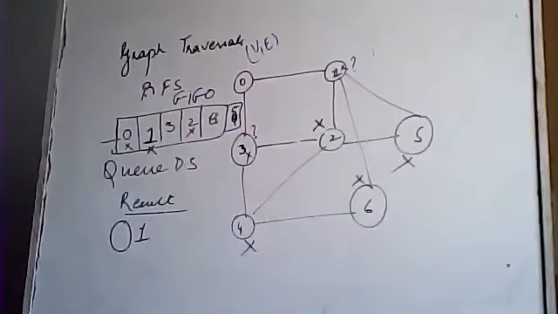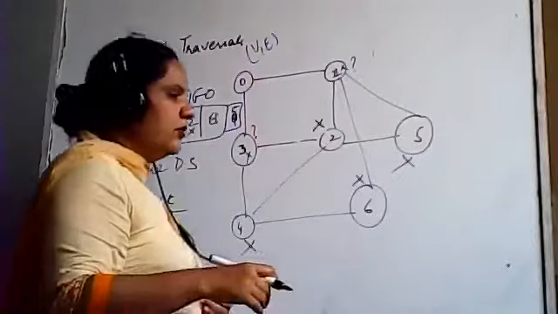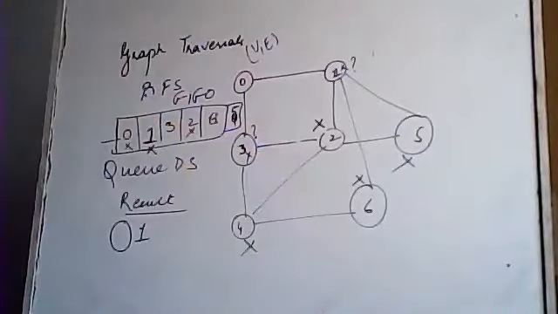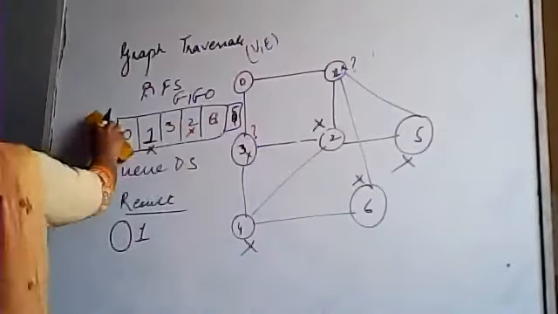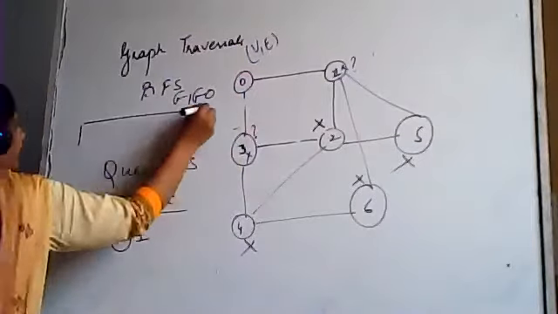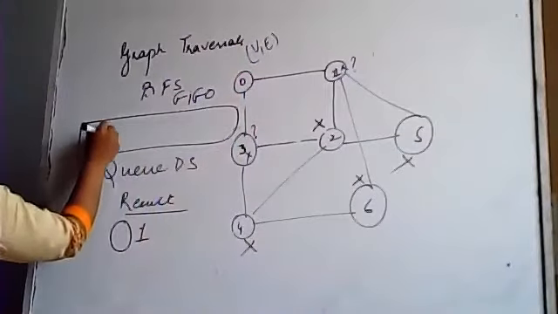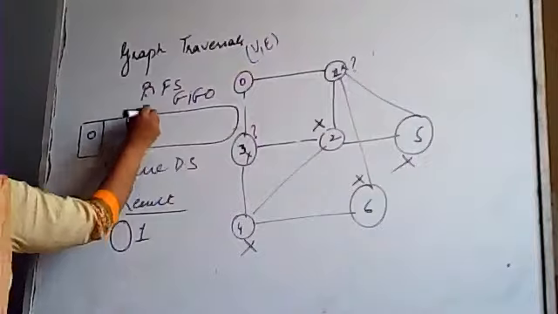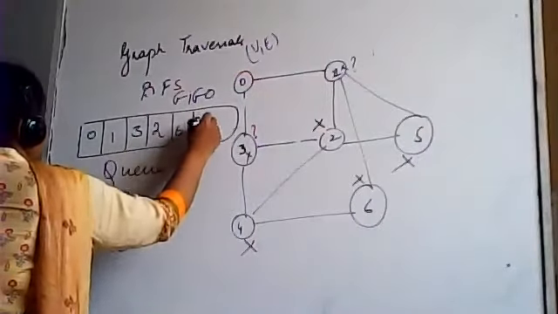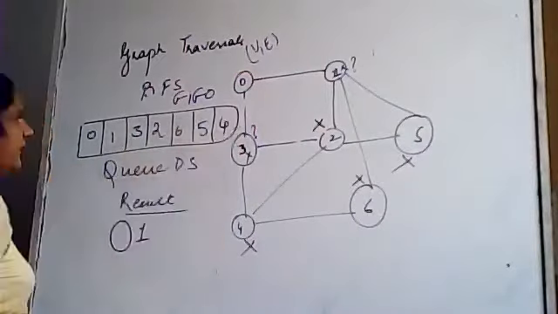Now what is left? 4. So we will be putting vertex number 4 in the queue now. So I'm taking this to this side: 0, 1, 3, then 2, 6, 5.